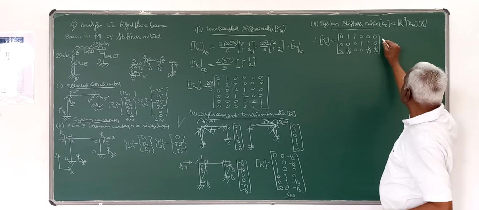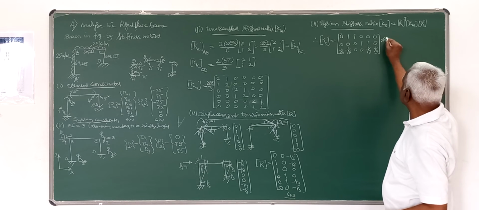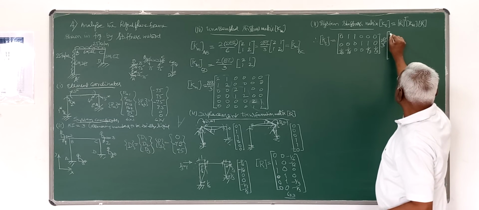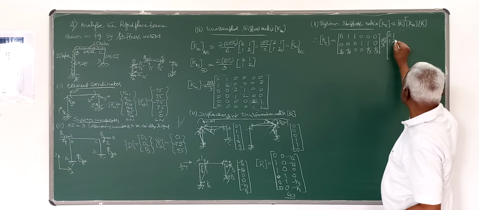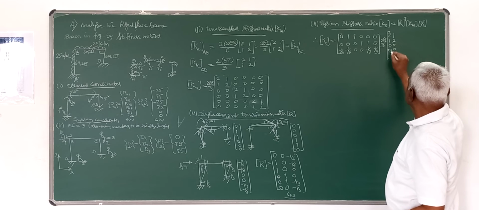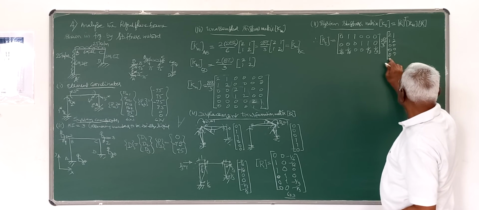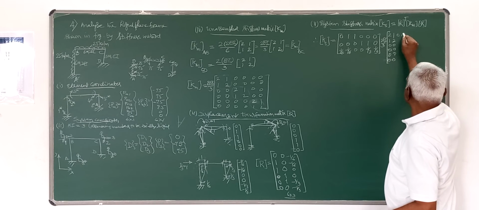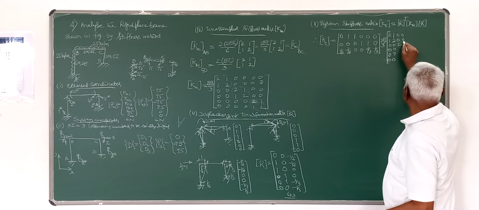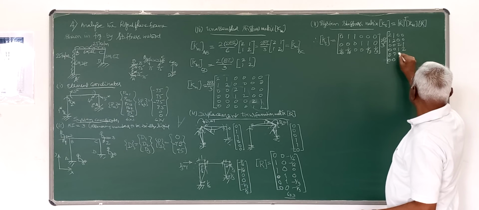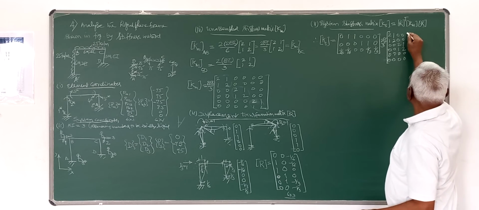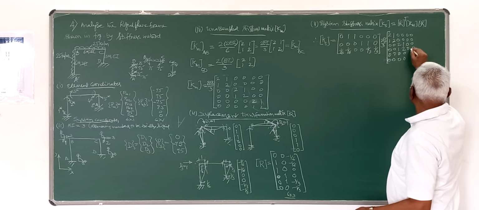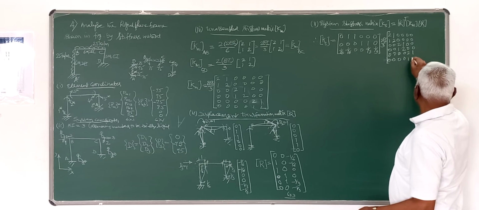Into Km, which is 2EI by 3 into 2, 1, 1, 2, others 0, 0, then 0, 0, 0, 0, 2, 1, 1, 2, then 0, 0, 0, 0, 2, 1, 1, 2.